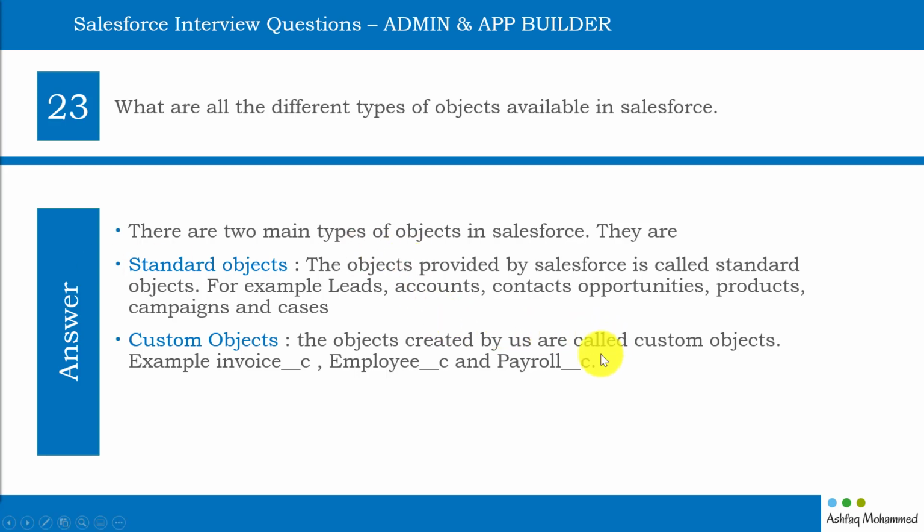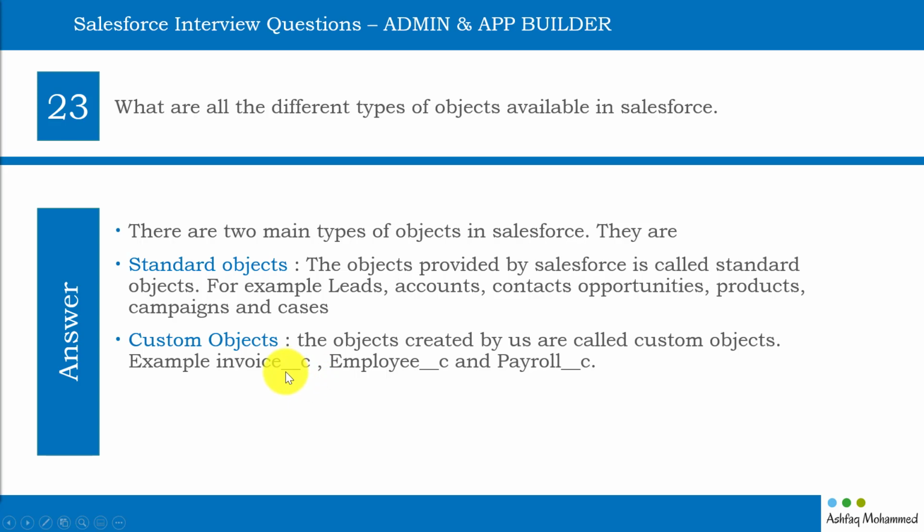And the difference between them is, these objects end with underscore C, right? If you see in my example, invoice underscore C, this object is created by us. Employee underscore C, right? Payroll underscore C. So to differentiate the standard objects and custom objects, Salesforce automatically creates this underscore C while saving, even though you don't write anything.